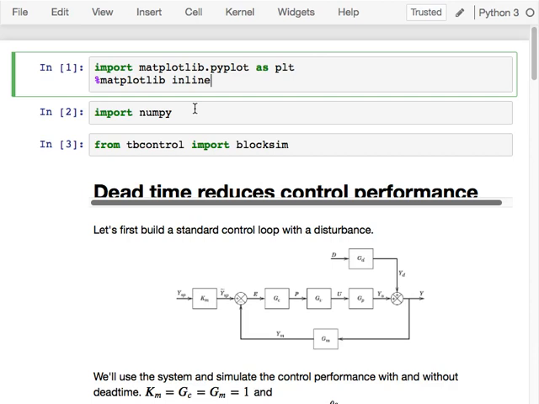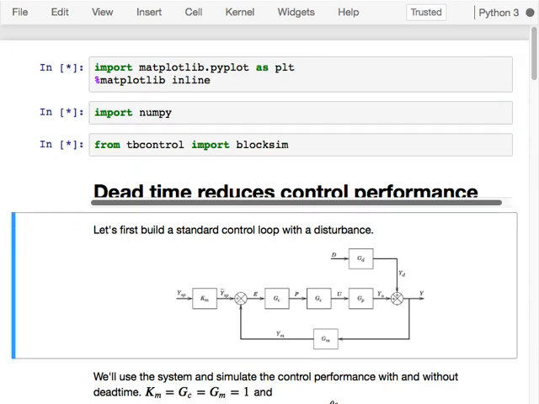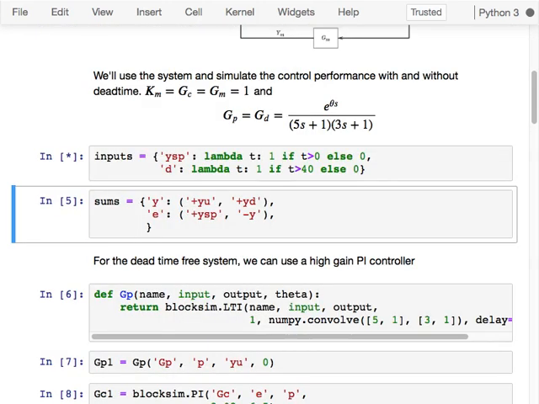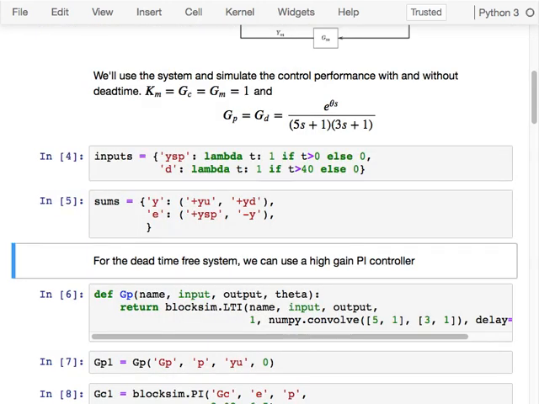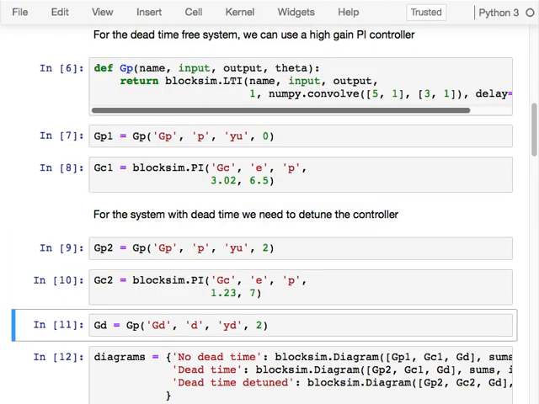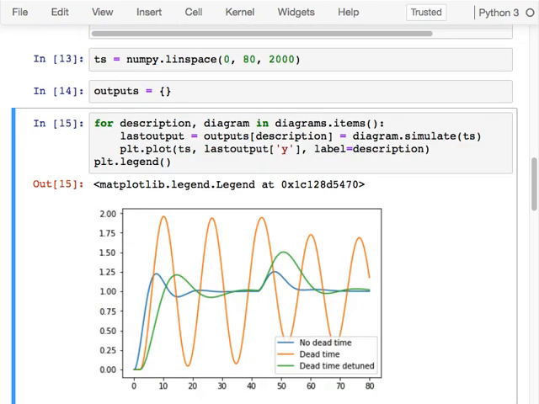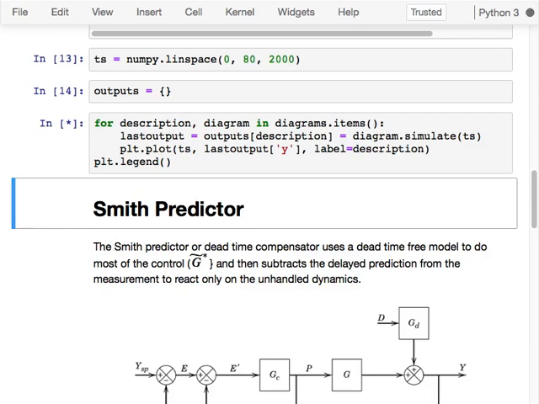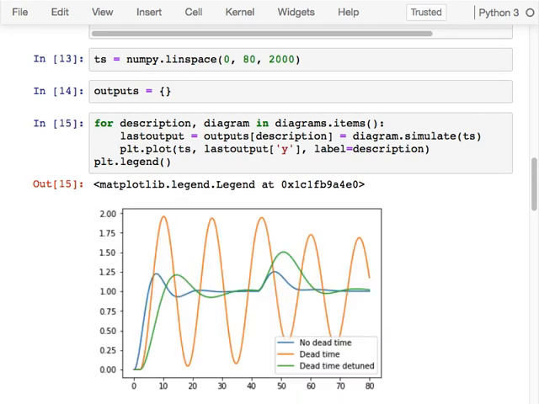When we say dead time reduces control performance, what we mean is, given a similar control structure, an increased delay in the measurement will typically degrade performance. In other words, if I had a slider, and you can see what I've done here, I've just simulated the same controller acting on a system.